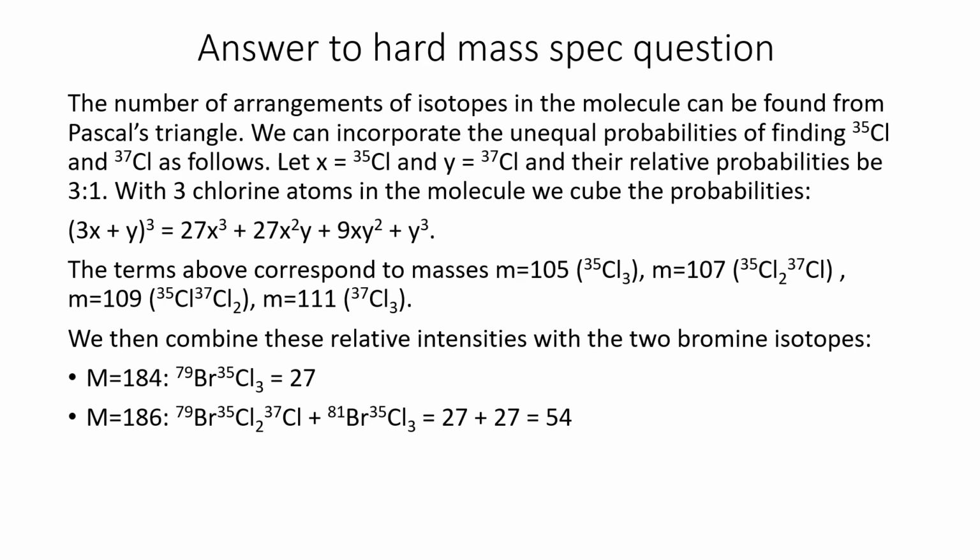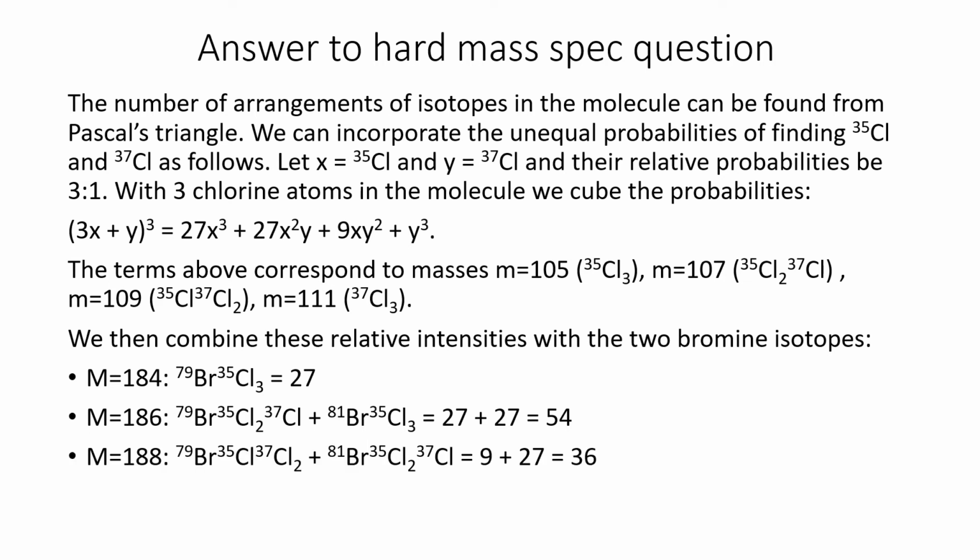The other way of doing it is to have the heavier bromine isotope, 81, combined with 3 lighter chlorine ones. Again, the 3 light chlorine ones had a relative probability of 27, multiplied by 1 for the bromine. So there are 2 possible ways, each of equal probability, to get a total mass of 186. We combine those 2 27s together and we get 54.